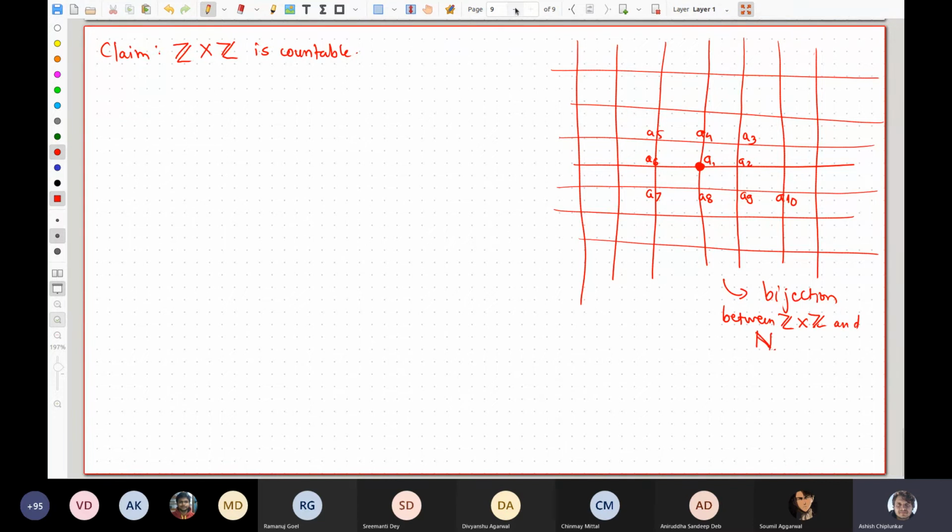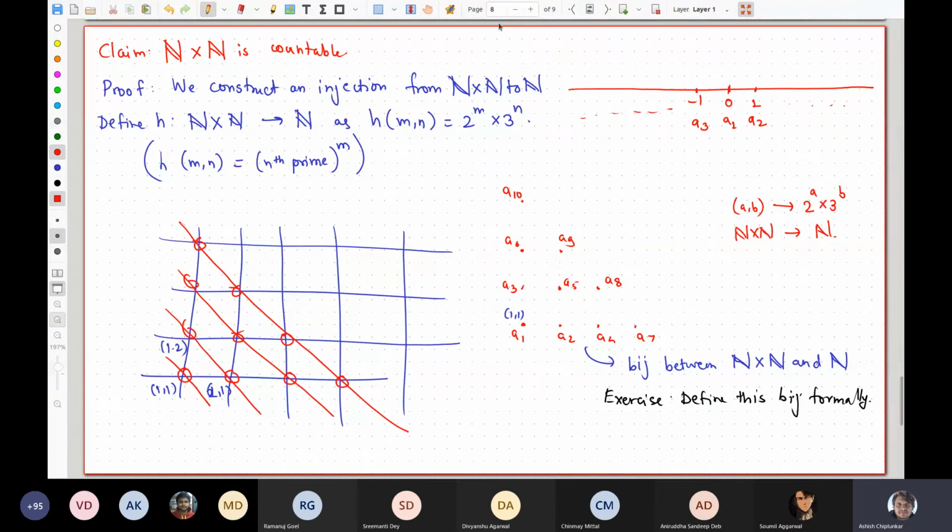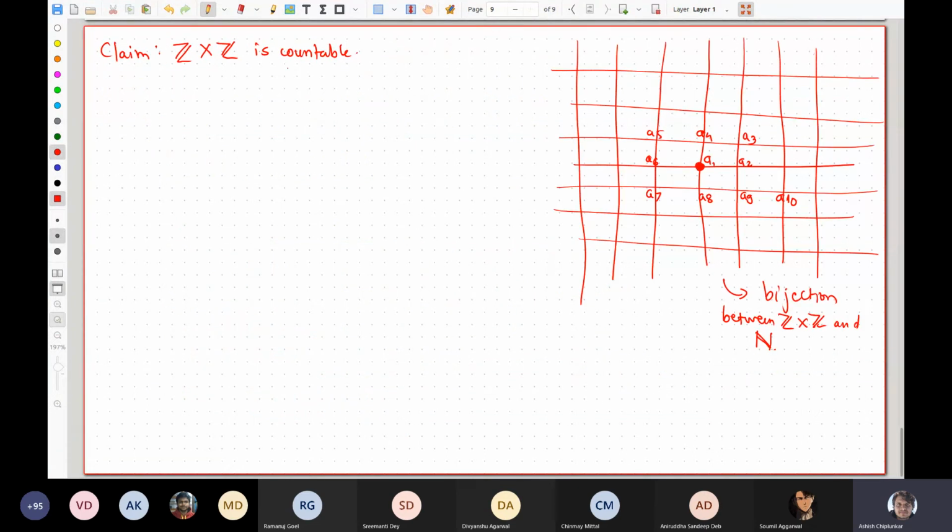But now can we actually use the fact that N cross N is countable to get a much simpler proof of Z cross Z being countable? So for every element of Z cross Z, we can map it to N cross N. Like we can just take the modulus.